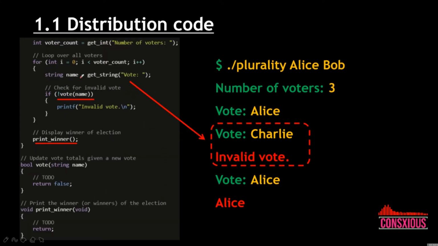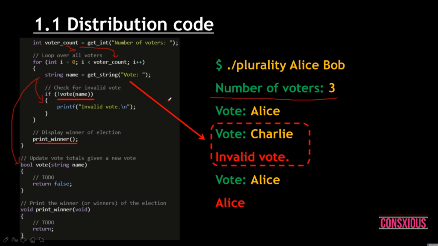Next we go to the vote count. It's around this statement here. We just define an integer voter count, get the number of voters, which is 3. Once we get this 3 here, we place it here. That's why we can do a for loop for the votes here. Once we do the for loop, we get a string name with get_string. We take this string and put it into the name here, then we go through these two functions.